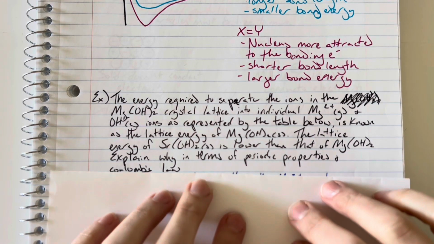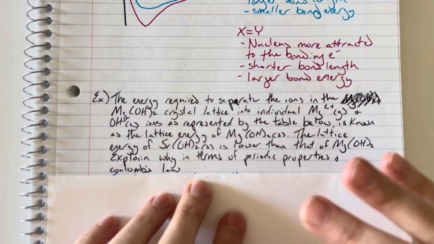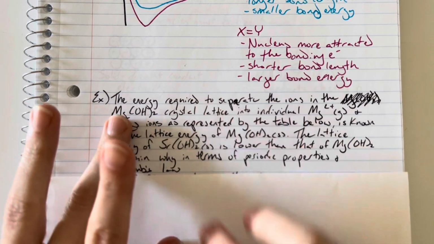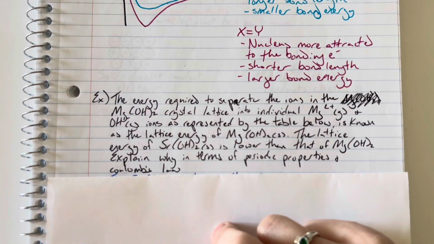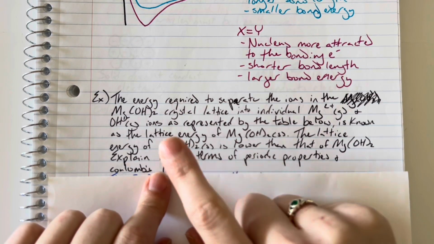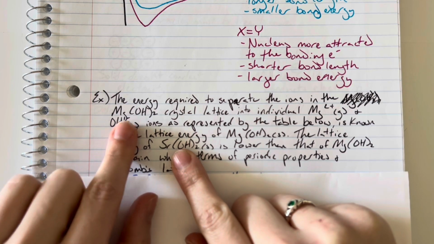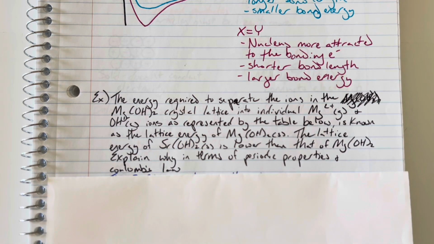So, I don't need to actually look at the number values for the lattice energies required for strontium hydroxide and magnesium hydroxide. Strontium hydroxide involves a larger atom. That is going to be strontium.